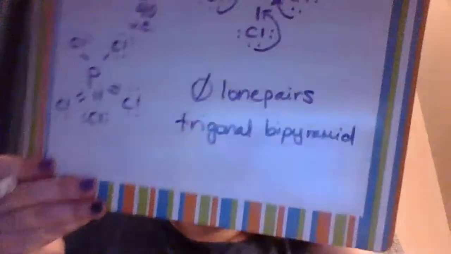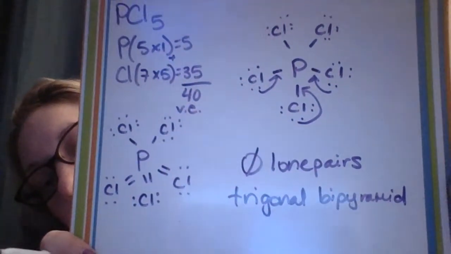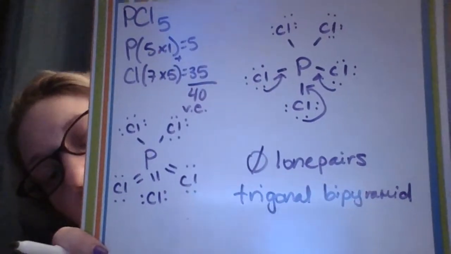And because it has 5 regions, it is a trigonal bipyramid. Zero lone pairs and 5 regions makes it a trigonal bipyramid.